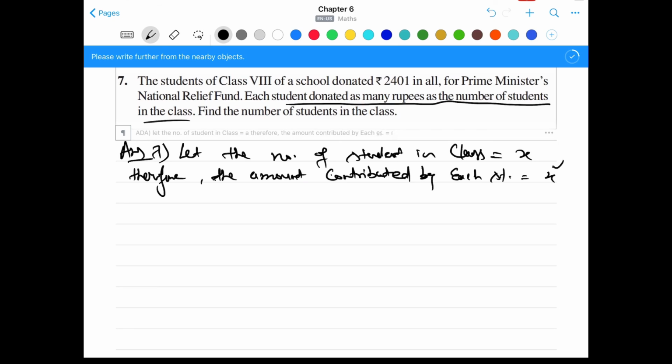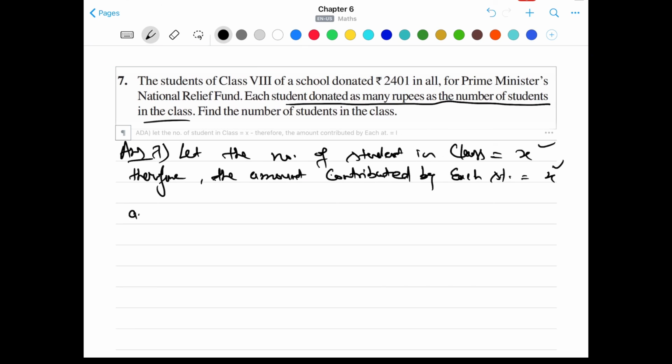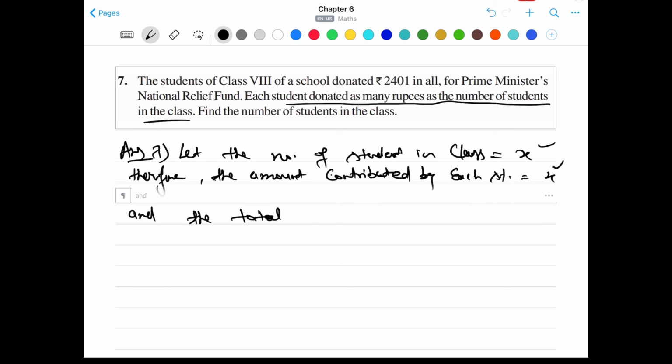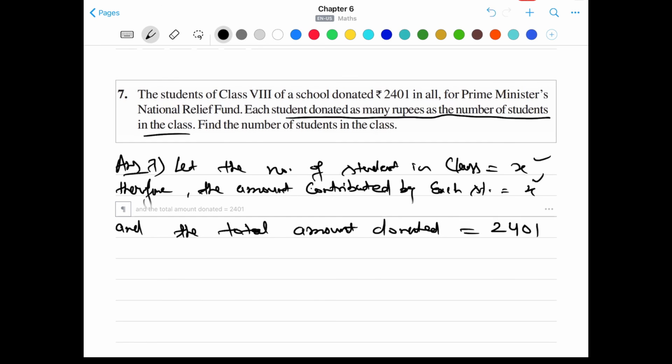So if the number of students in the class is x, that means the amount donated by each student is also x. And the total amount donated is 2401 rupees.